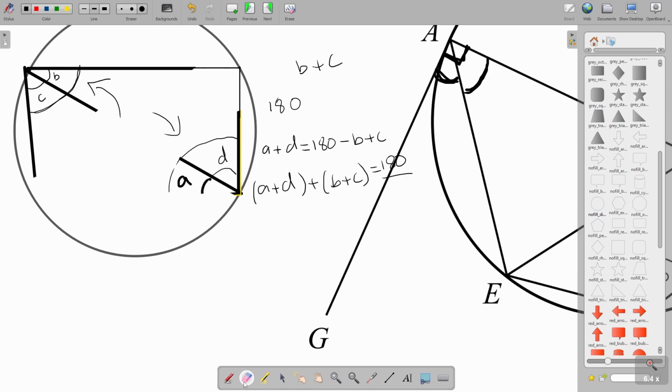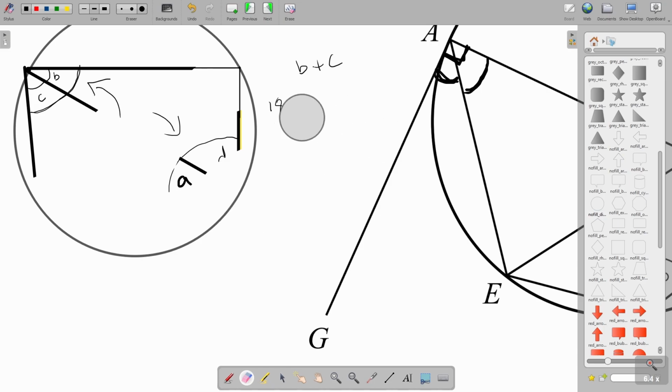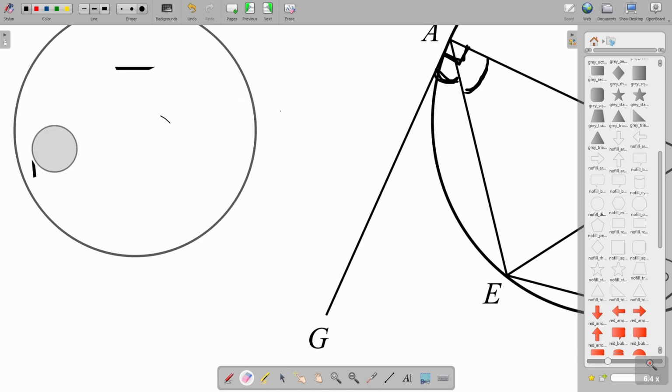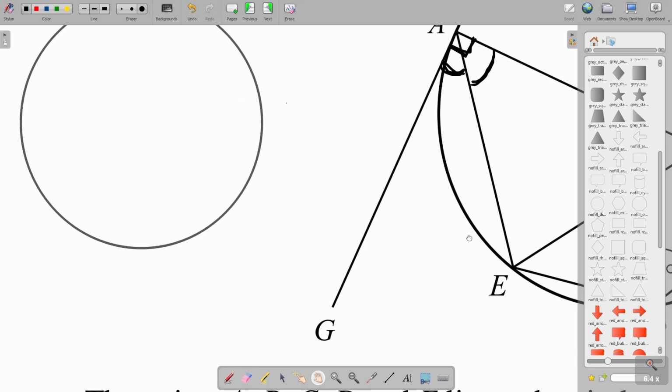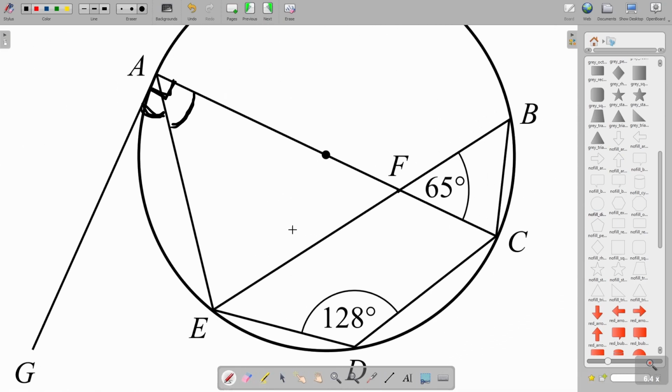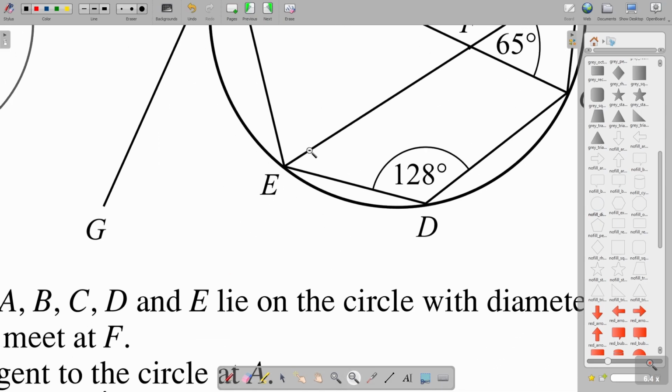The opposite ends, when you add them together, make 180. So after proving all of that, when we come back to our question, we can see that we have two opposite ends here, which means these two should add up to make 180.